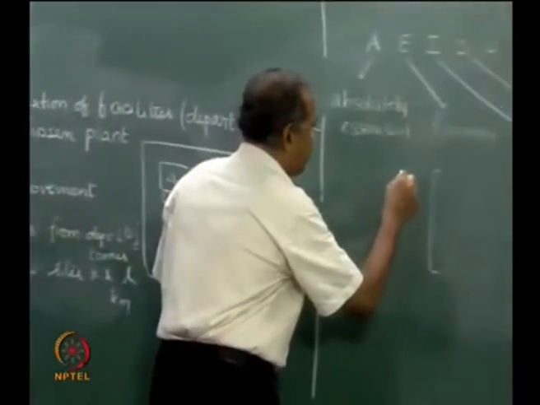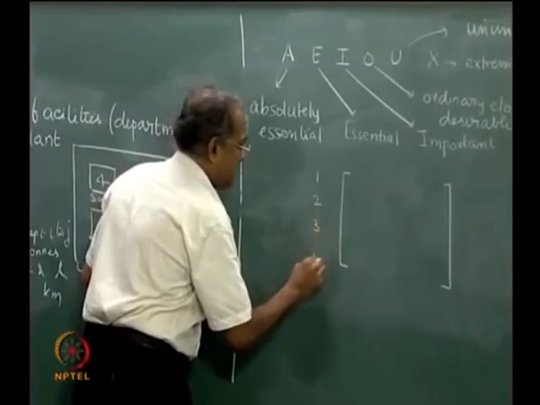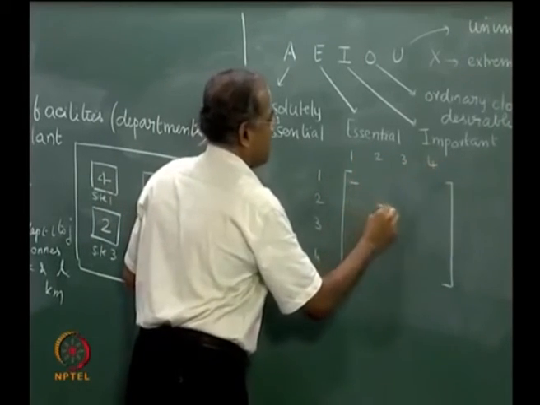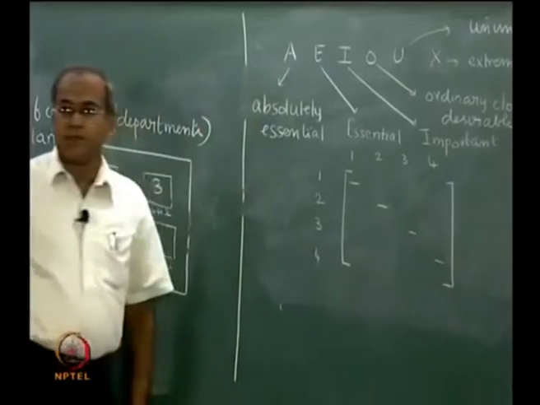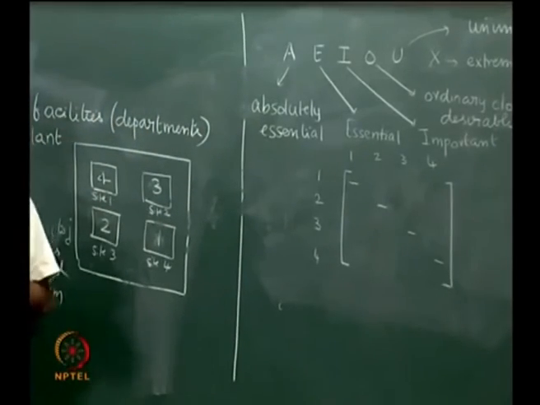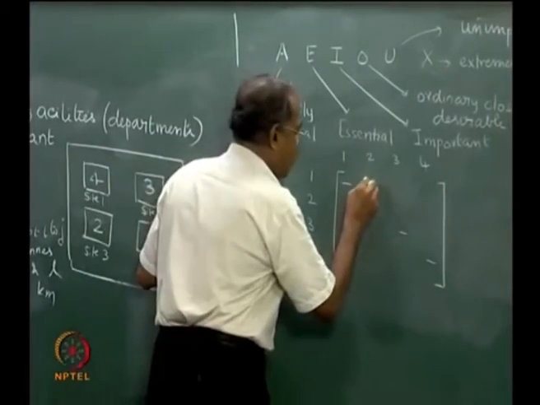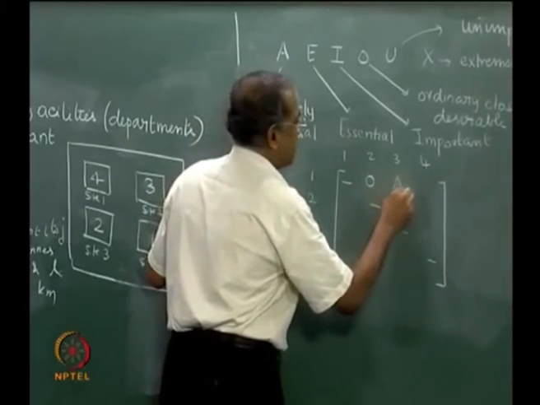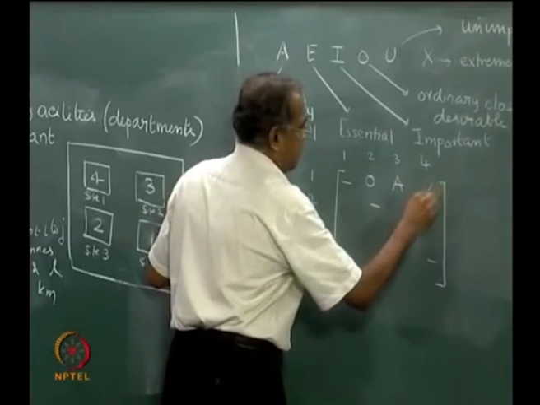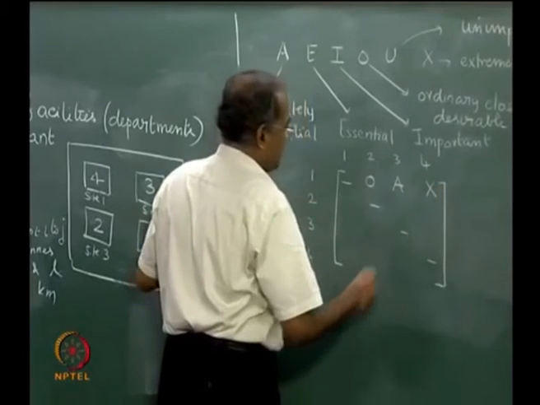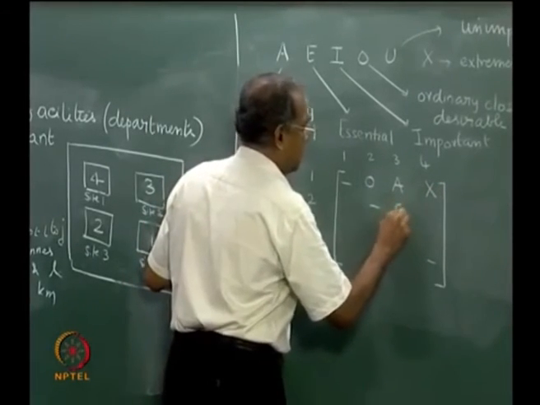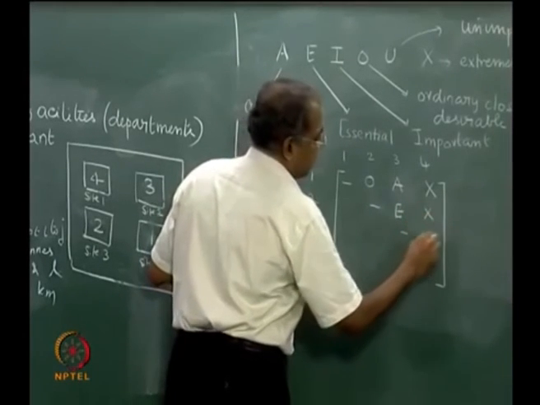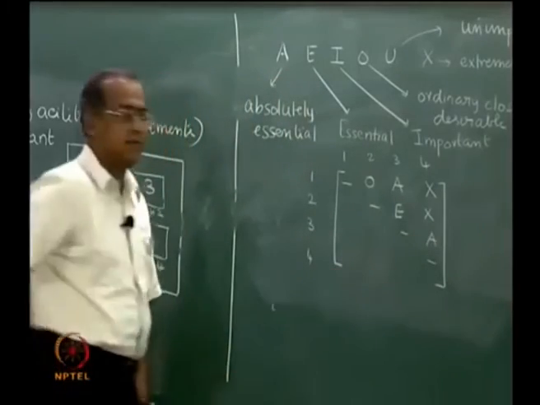For example, we would have 4 departments 1, 2, 3, 4, and 1, 2, 3, 4. Now, somebody might fill an O here, somebody might fill an A here, somebody might fill an X here, somebody might fill an E here, somebody might fill an X here, somebody might fill an A here.